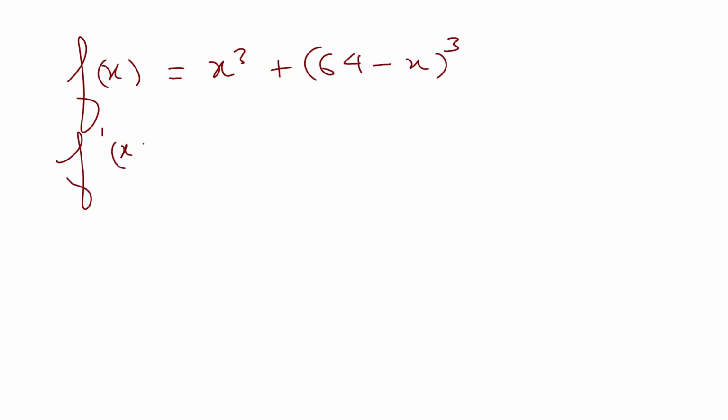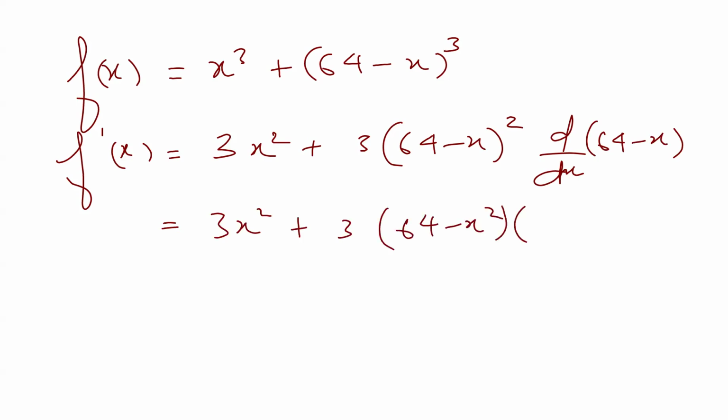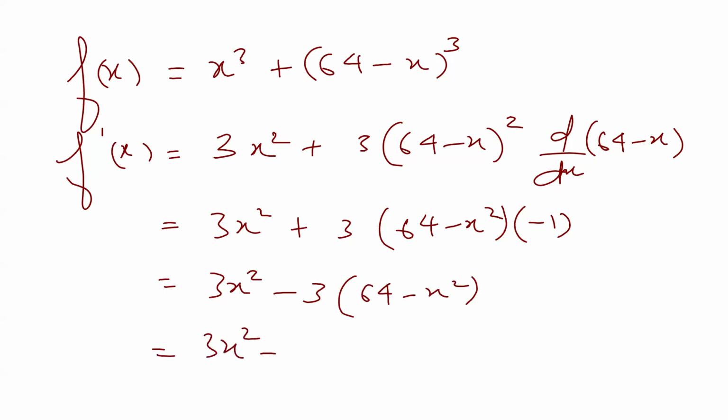F dash x, 3x square, 3 into 64 minus x square, dy dx of 64 minus x. So 3x square, 3 into 64 minus x the whole square into minus 1. Derivative of 64 minus x is minus 1. 3x square minus 3 into 64 minus x square. 3x square minus 64 into 3.